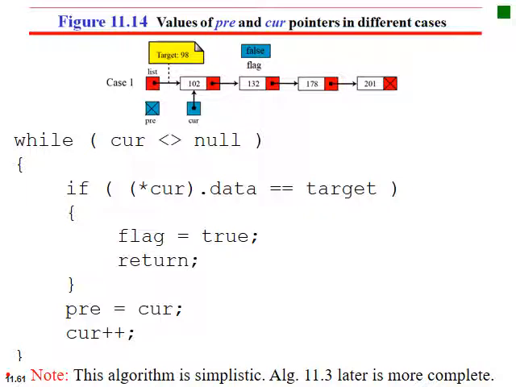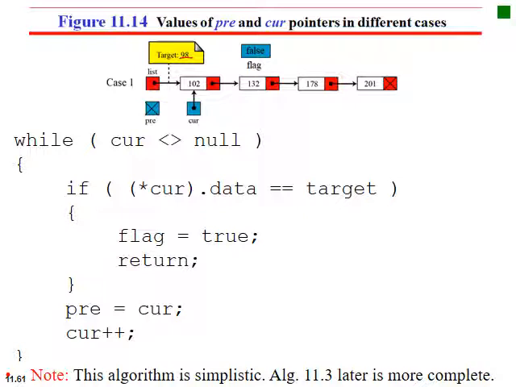So this was the case where we had to find the target, and we found that the target is actually less than the very first element, which means it's a case where we couldn't find it, even when we looked only at the first element.